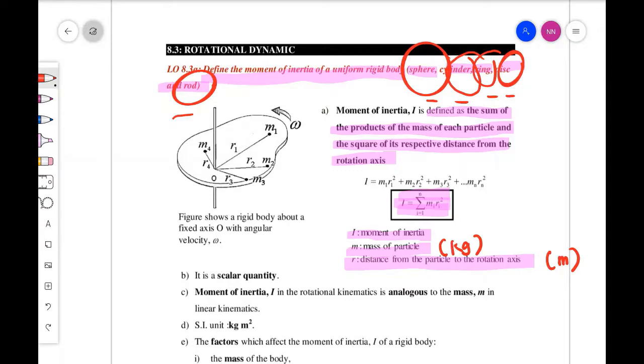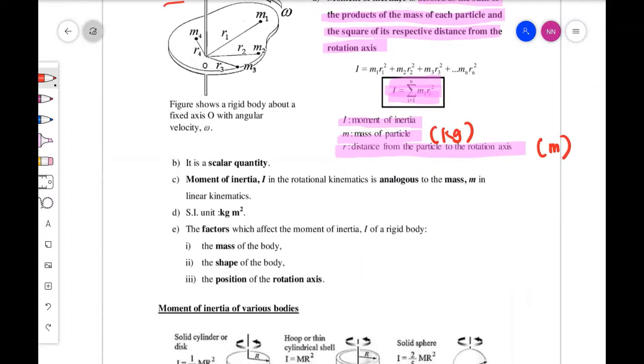Moment of inertia is a scalar quantity, so it has no direction and it is analogous to the mass m in linear kinematics. SI unit for moment of inertia is kilogram meter squared. From the formula I equals mr squared, I is directly proportional to m and directly proportional to the distance.